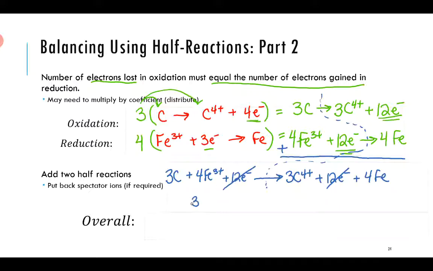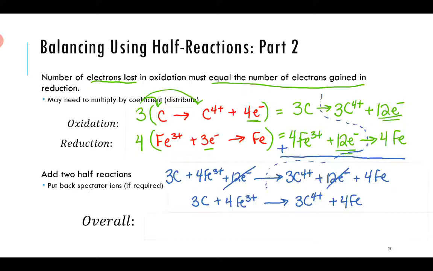And so I have my 3 carbon plus 4 iron 3+ goes to 3 carbon 4+ plus 4 irons.